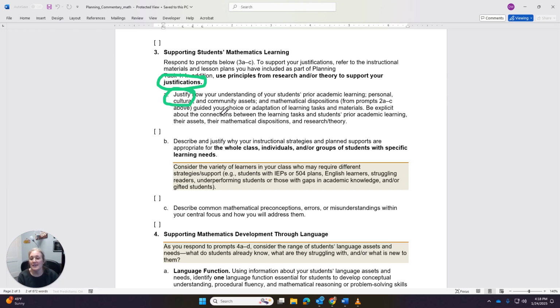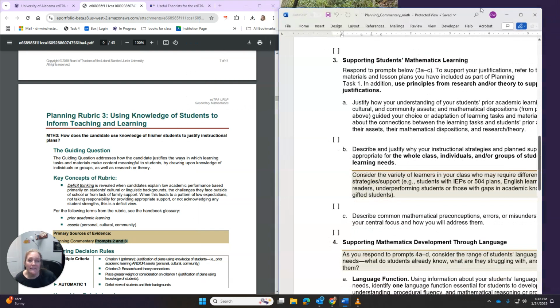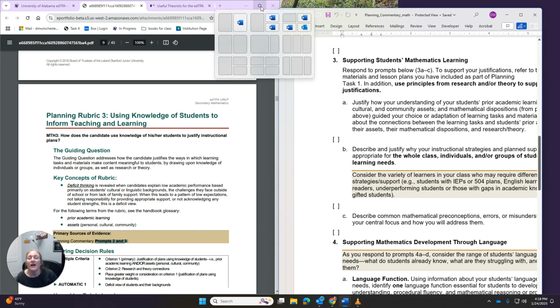When I see that word, I know that I am going to need to use research or theory to support my statement and what I did in my lesson plans. edTPA is wanting to know that you can not only plan a good lesson plan, but you know why it's a good lesson plan. You know that you are able to look at these lesson plans and use theory.